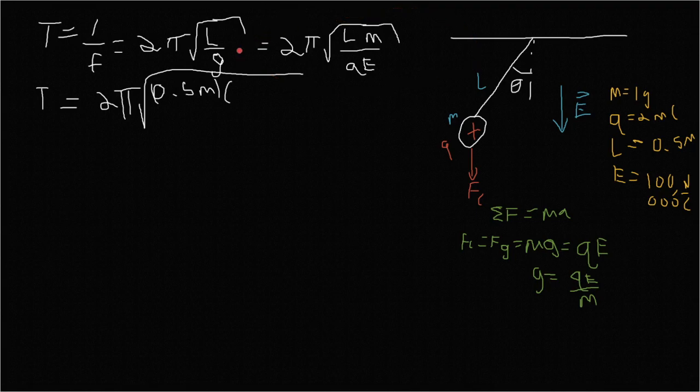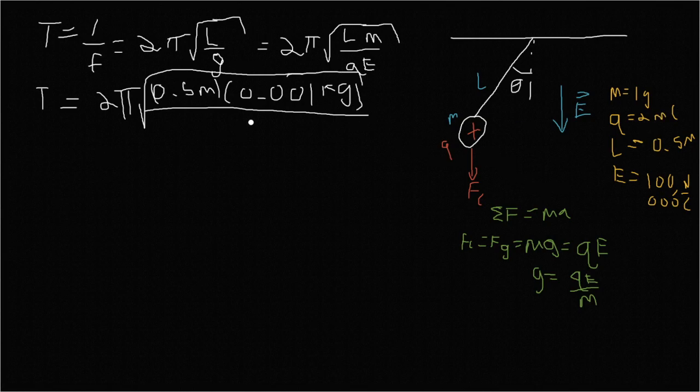Now m is just 1 gram, which is 0.001 kilograms, because we need to have everything in SI units. And then Q, what was Q?